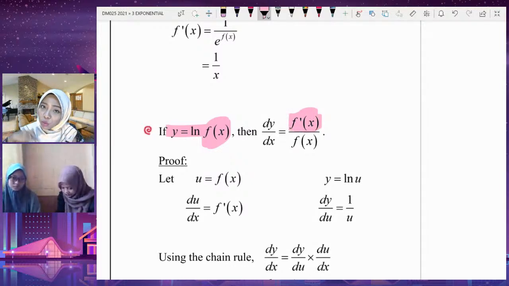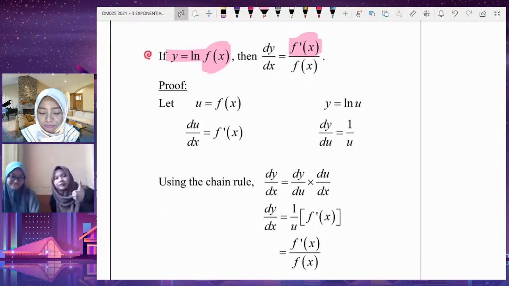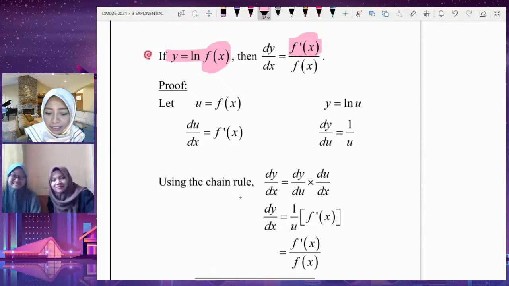So you still have to differentiate the function: 1 over f(x) multiplied by the differentiation f prime x. Adelina, so far so good? Shu? You have to remember this.